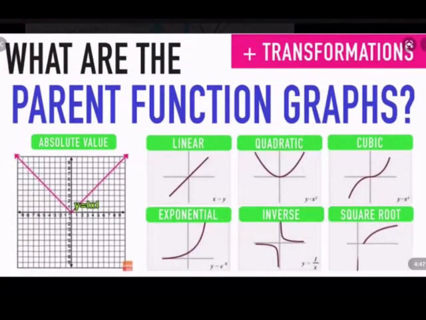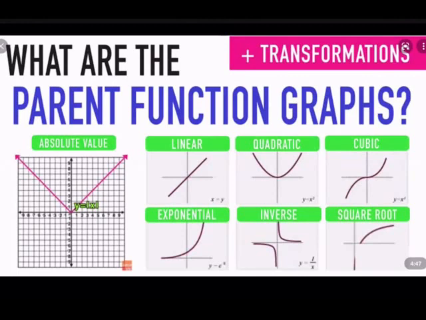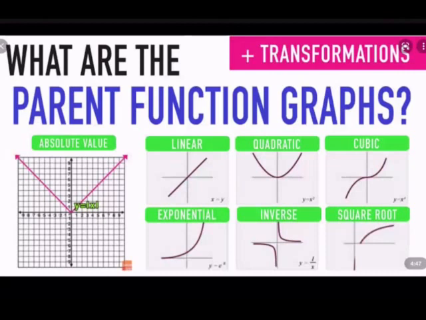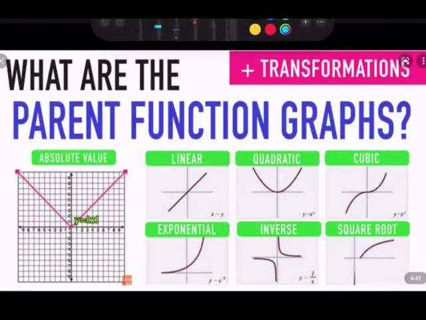So these are the parent function curves, and the transformation will happen the same way as I showed you with the absolute value function over here. I have shown you all the transformations related to the absolute value function.